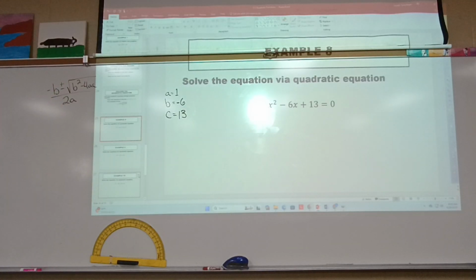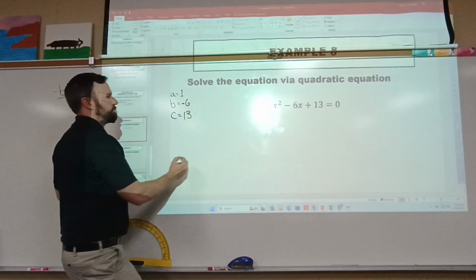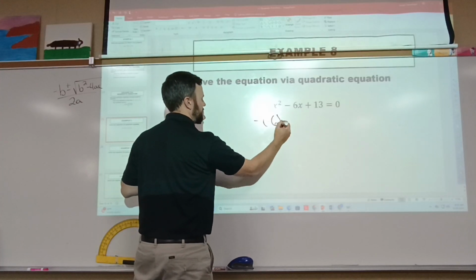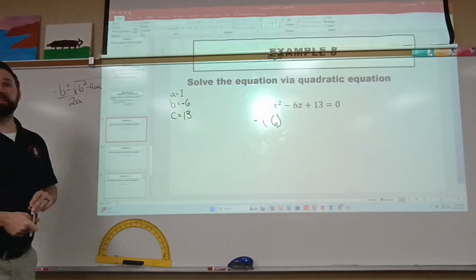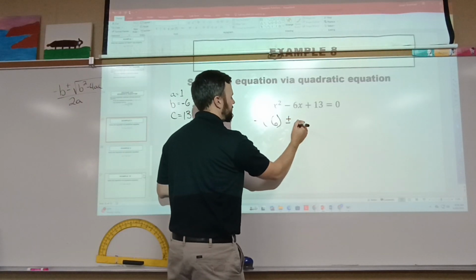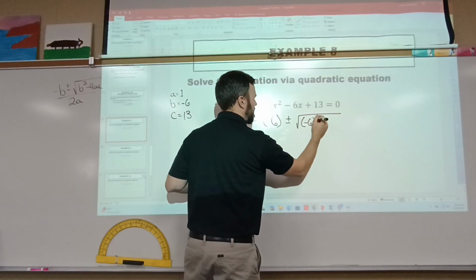Am I good to go? Can I start plugging in stuff? Yeah, I can. All right. So I'm going to do negative B. Parentheses are huge for this one. Plus or minus the square root of B squared.